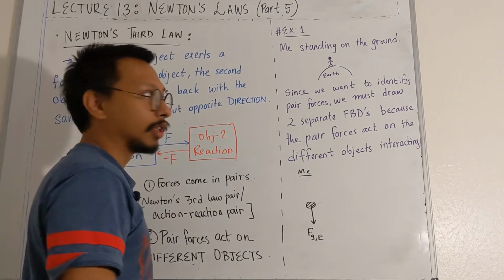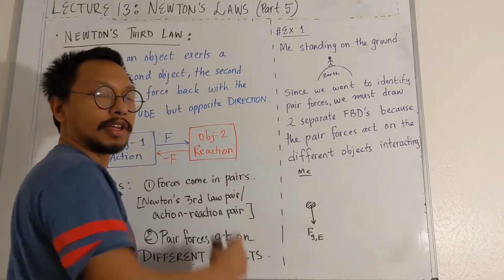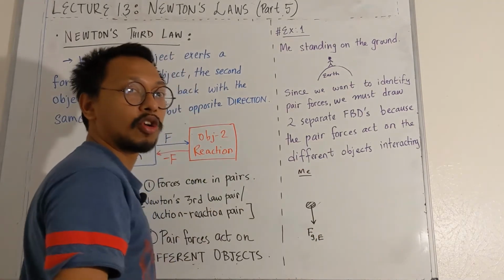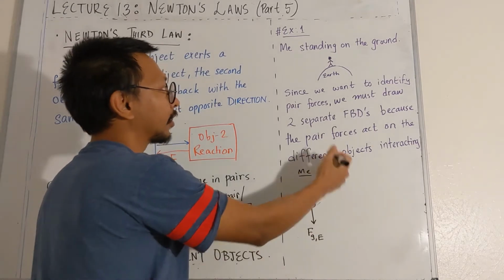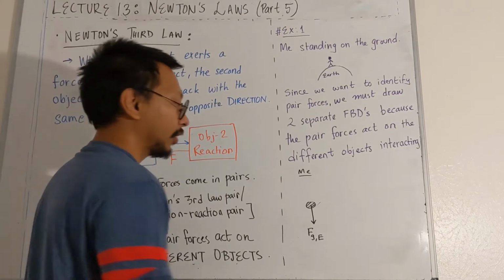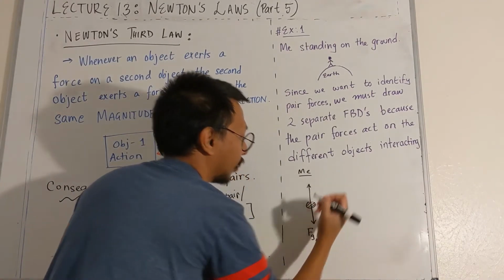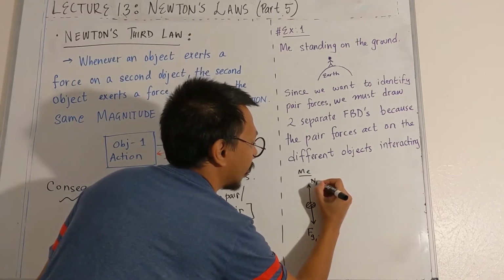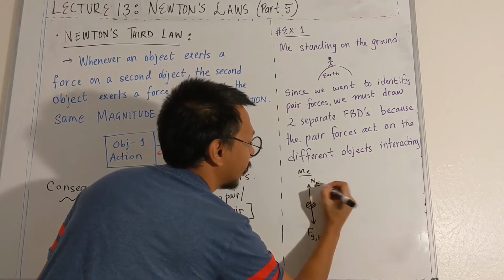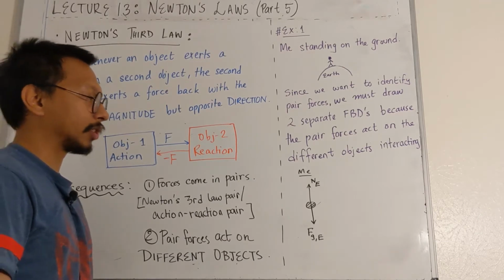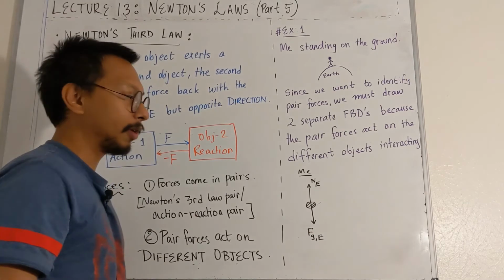This is the same normal force that we have met in previous lectures when solving Newton's second law problems. So we can also call this a normal reaction force because it is a reaction of the earth when I stand on it. Alright, so earth exerts a normal reaction force N, let's say N capital E, meaning this is the earth exerting a normal force on me. There are no other forces because I'm not moving, I'm just standing on the ground. So these are the two forces on me.